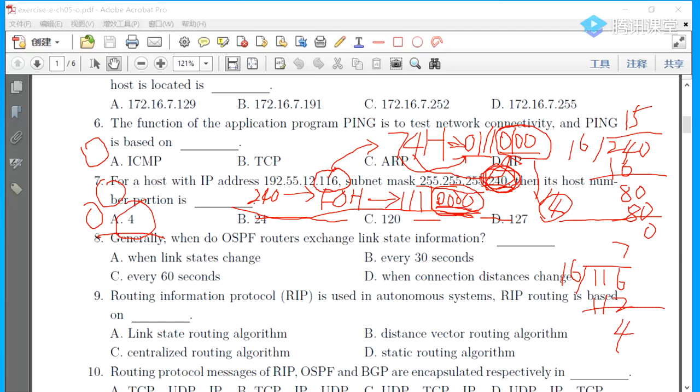So we know the 4 zero bits occupy the host portion. So we look at the IP address and focus on 116, turned into binary notation 0100. That is 4. So we get the answer is A.